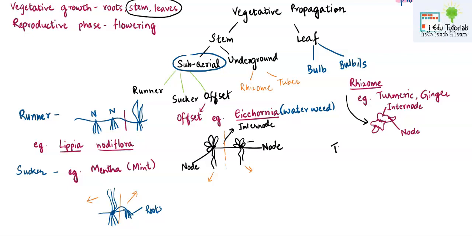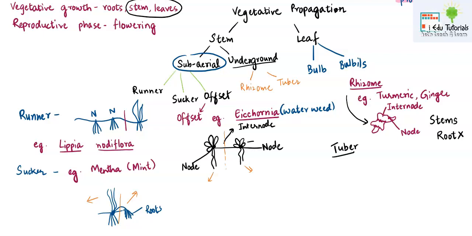Now let's come to the next underground stem, as the name itself suggests, underground. So rhizome will also be found underground. How to differentiate that this is not a root and this is a stem? We just need to find nodes and internodes. Nodes and internodes are always a part of stem and are never ever found in roots.